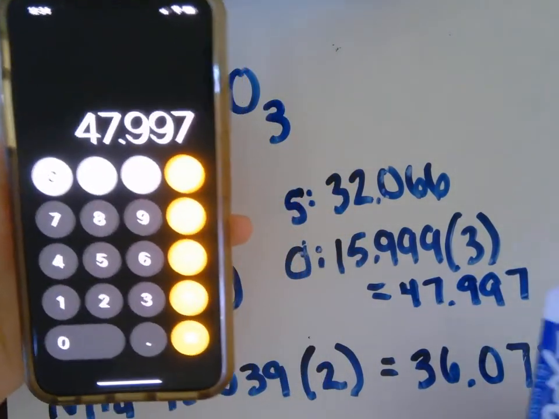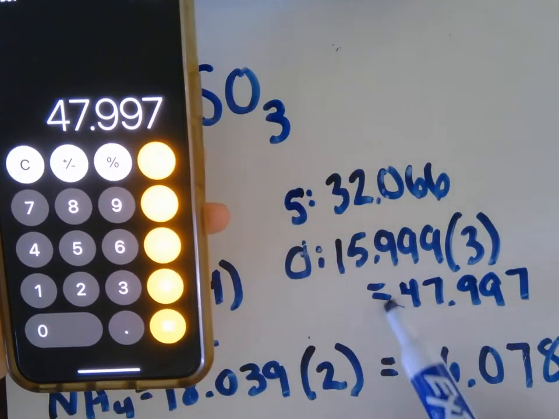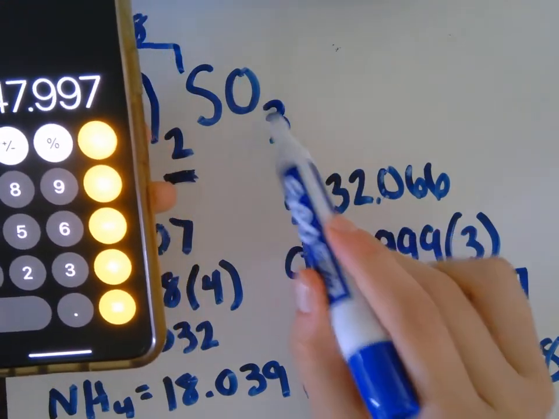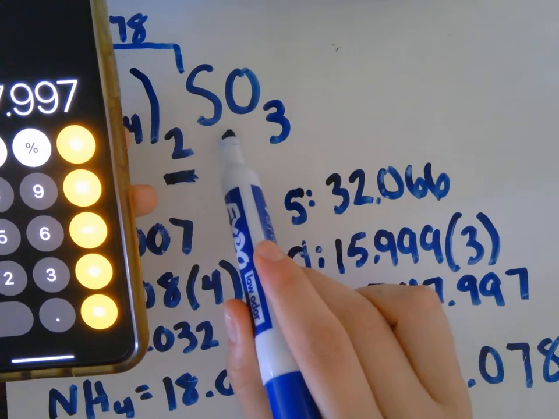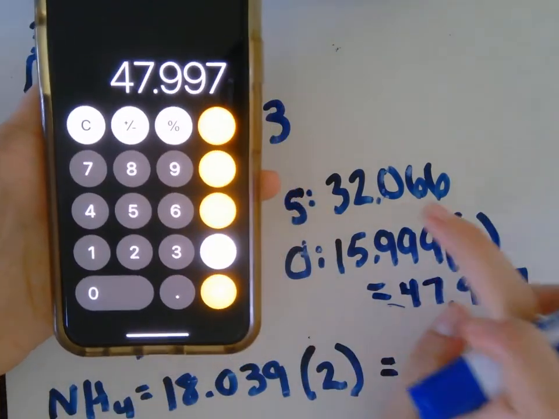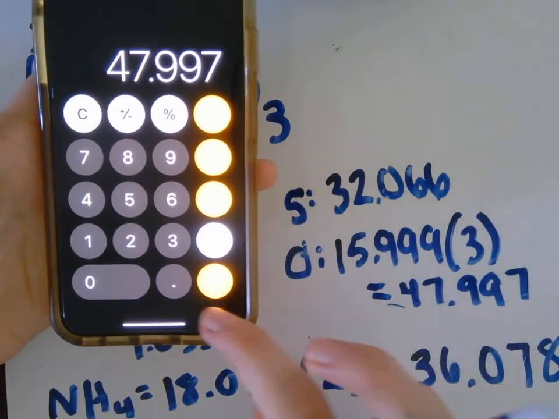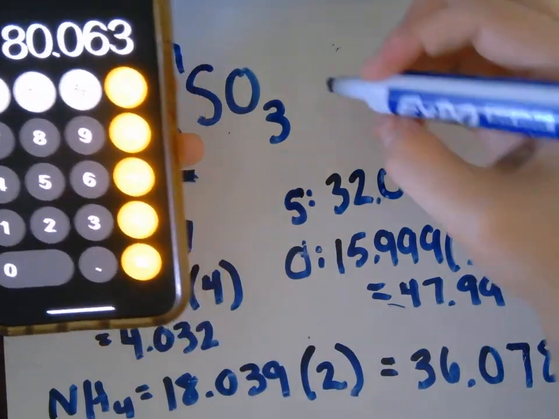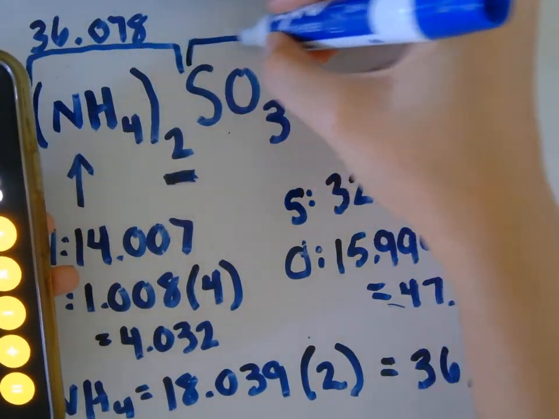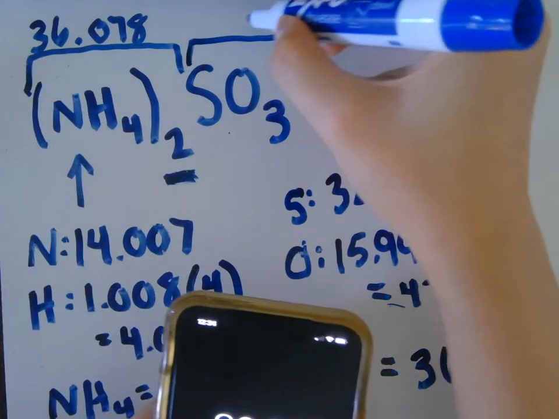So now I can add the total mass of oxygen for this part right here, plus the total mass of sulfur for this part here. So I'm going to add sulfur plus 32.066. And this compound right here, SO3, gives me a mass of 80.063.